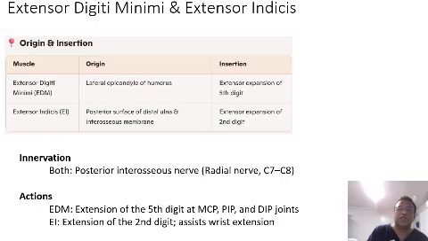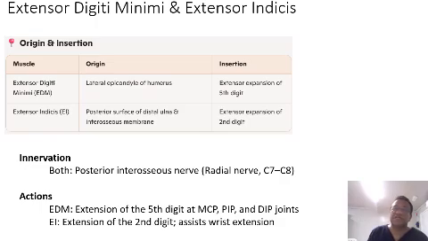EDM passes through the fifth dorsal compartment in the wrist, and extensor indicis passes through the fourth dorsal compartment alongside the extensor digitorum communis. These compartments are key landmarks in dorsal wrist surgeries and imaging. So what are the clinical relevances here? EDM is vulnerable in dorsal wrist trauma and may be affected in rheumatoid arthritis.